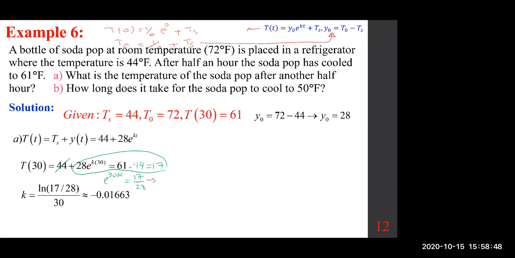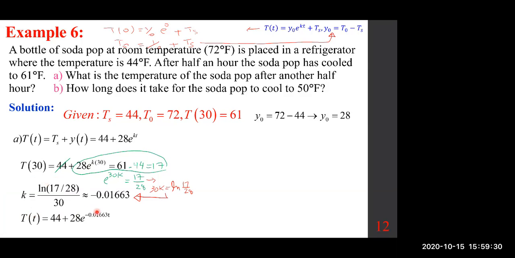When I take the natural log of the left side, I get 30k, and the right side, ln of 17 over 28. I divide by 30, that becomes the k. So I hope everybody is clear what happens. Now the formula capital T of t is all completely known. So the very first thing is to find this formula, everybody.